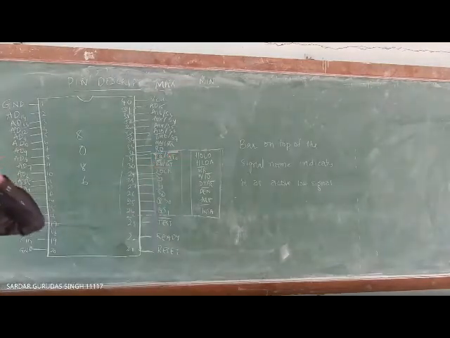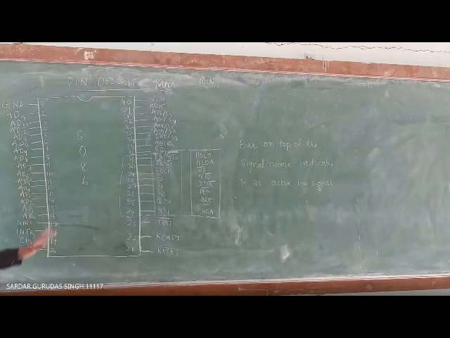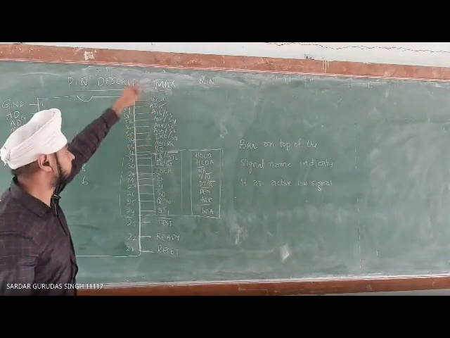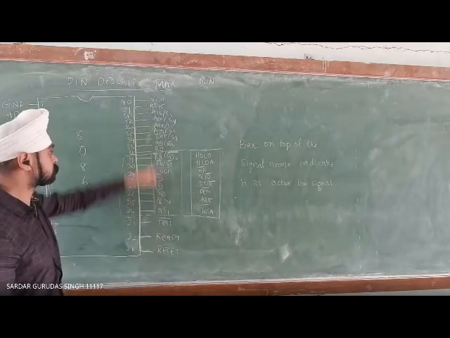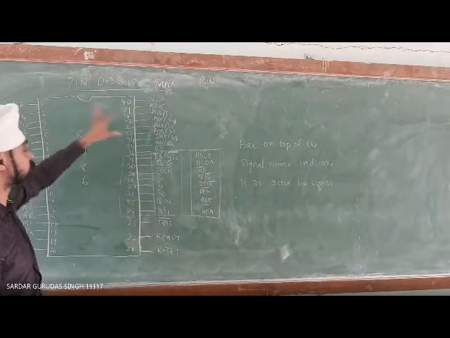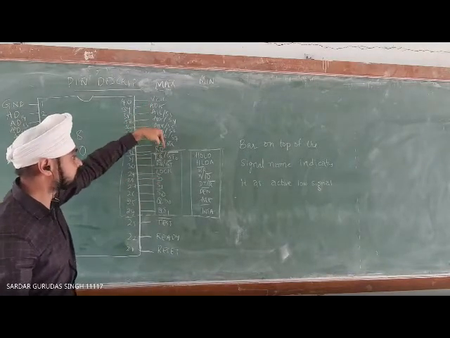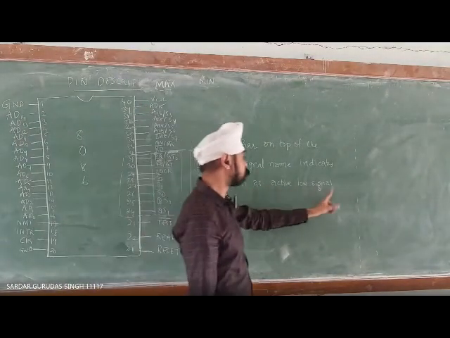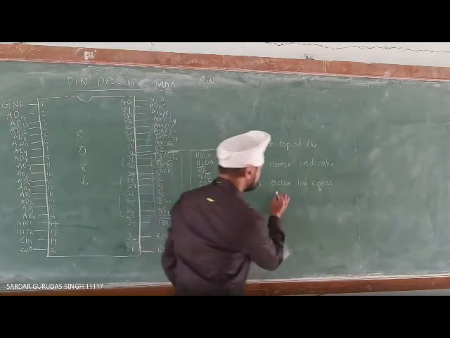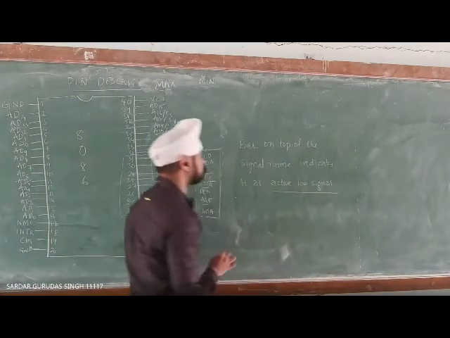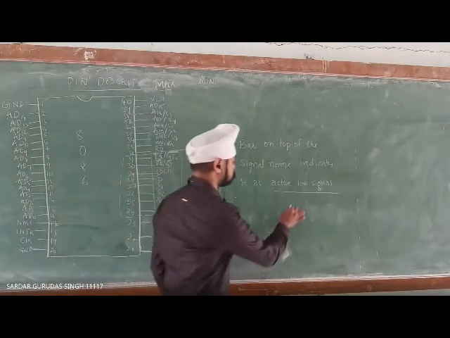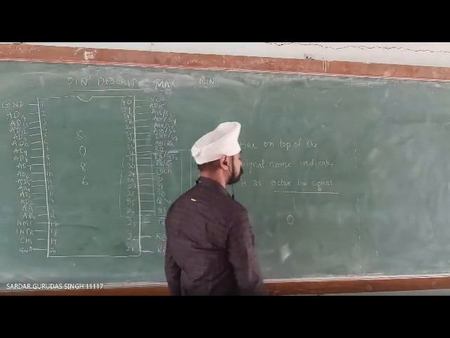You need to remember this. These are signals, 40 signals or 40 lines. A bar on the signal indicates that it is an active low signal. In the sense, active low means it is 0.